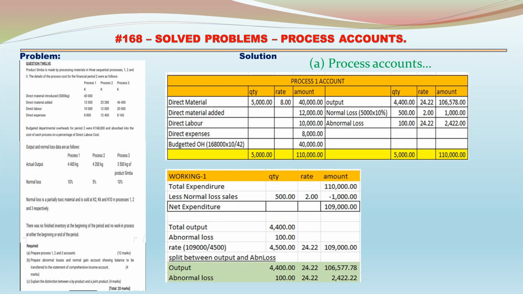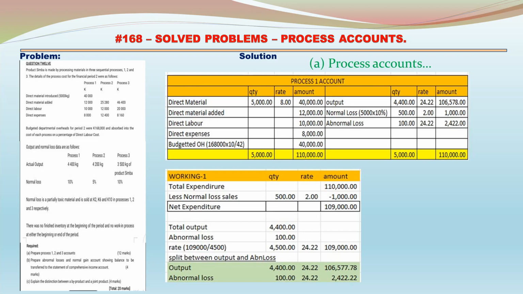And the rate is worked out as under. Total expenditure is 110,000 less normal loss sales 500 into 2, 1000. Net expenditure 109,000. Total output is 4,400, abnormal loss 100.